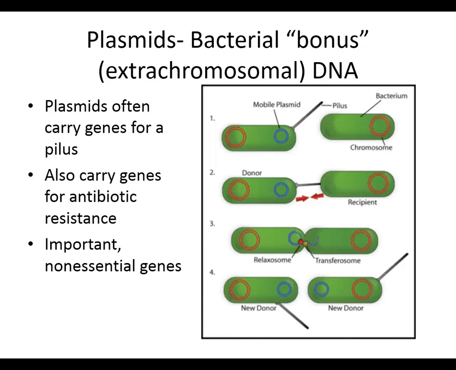So, look here. We've got a bacterium. He's got a plasmid. He makes a pilus. Again, they fall in love and get married, and then we have all of this shenanigans.